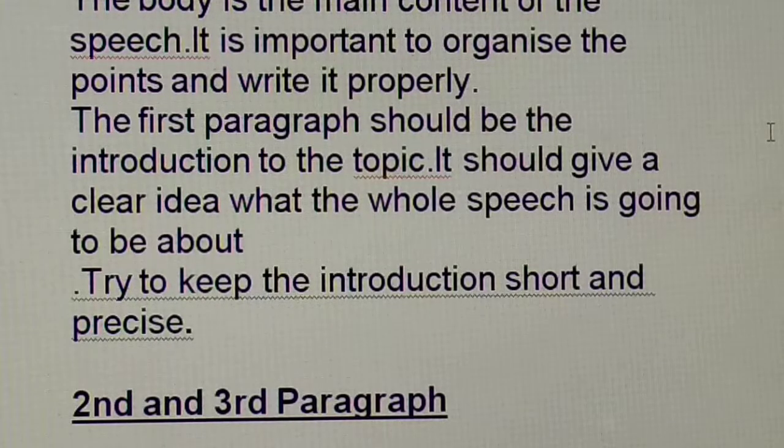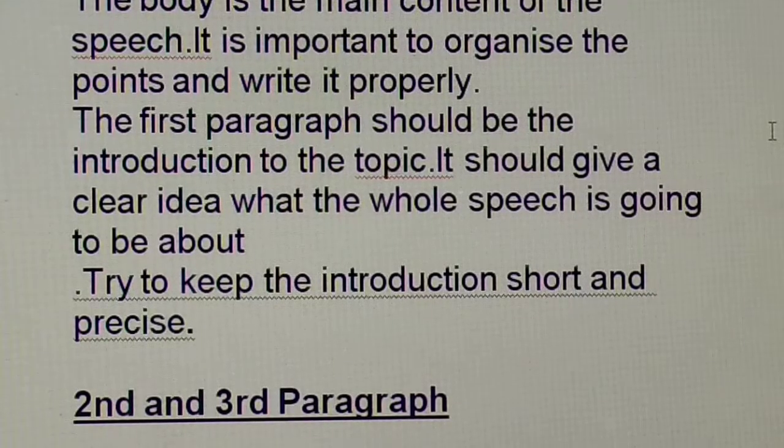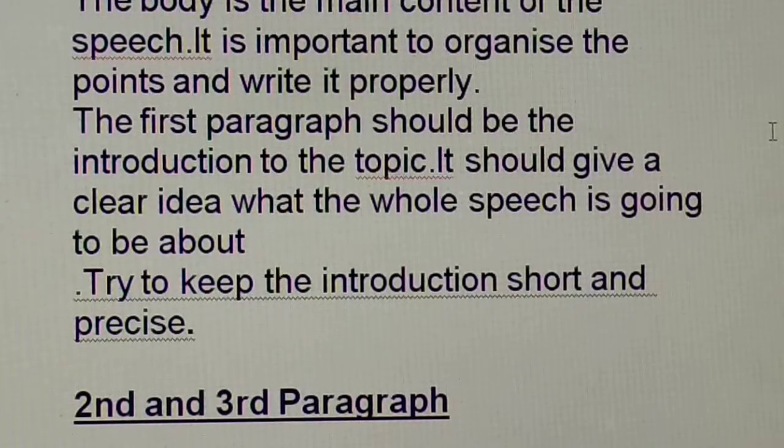You introduce your topic. So children, you have to remember the first paragraph should be introduction. You have to introduce your topic. That means what? It should give a clear idea what the whole speech is going to be about. Try to keep the introduction short and precise, to the point.